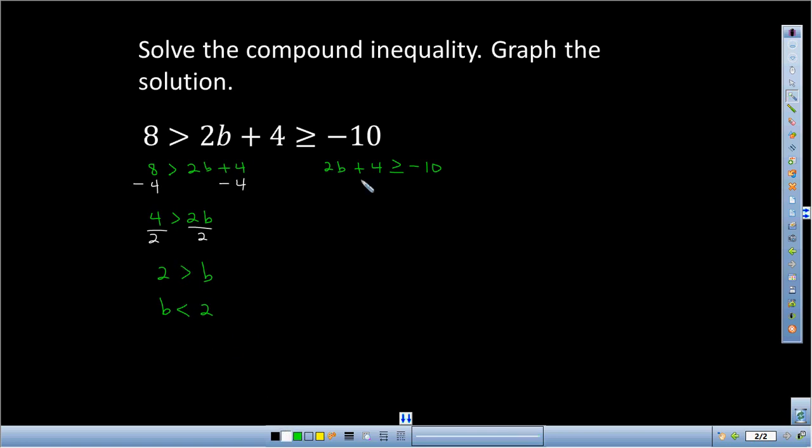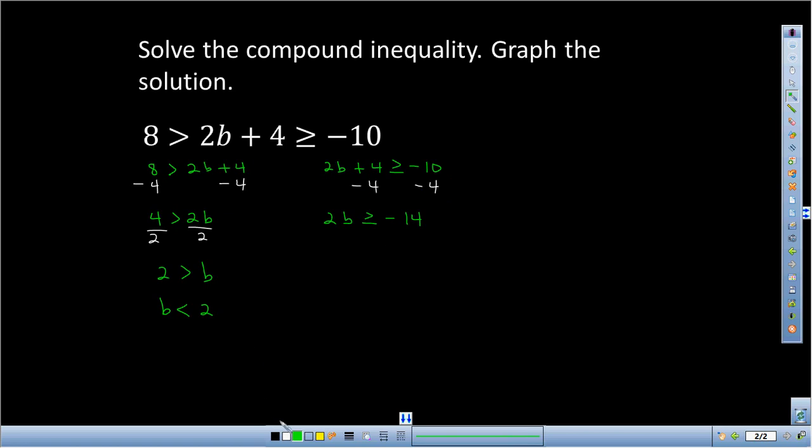Now, over here we have 2b add 4 is greater than or equal to negative 10. So again, we'll start isolating the variable by subtracting 4 from both sides of the inequality. That gives us 2b is greater than or equal to 4 take away 4 is 0, and negative 10 take away 4 is negative 14.